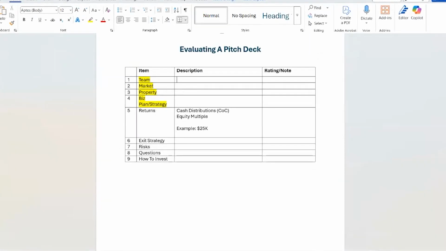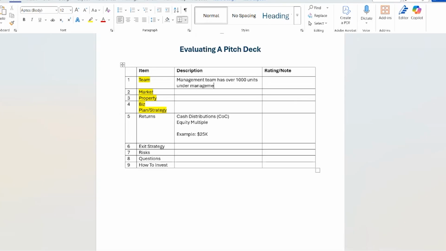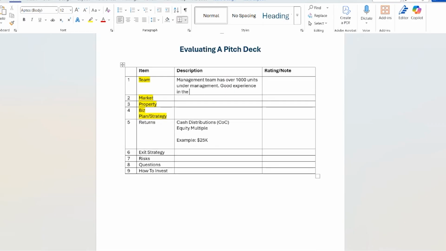So if I'm taking mental notes, if I'm listening to a live presentation, I'm thinking: management team has over 1,000 units under management. Good experience in the market. We are investing in North Carolina.